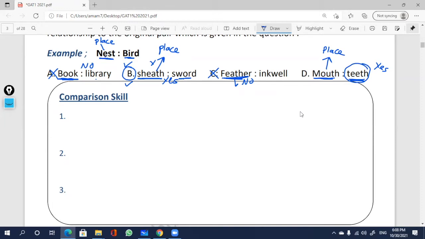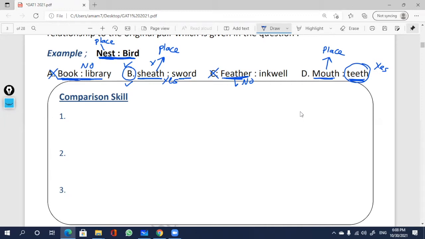So how can you answer this type of question? Most of the students just identify the relationship in the question, then go down to the alternatives, just looking for the correct answer, or other students identify the relationship in the question, then go down to the alternatives and try to identify the relationship which links each answer.